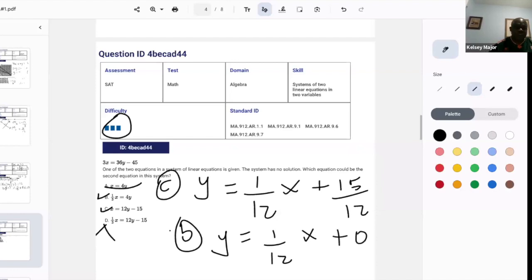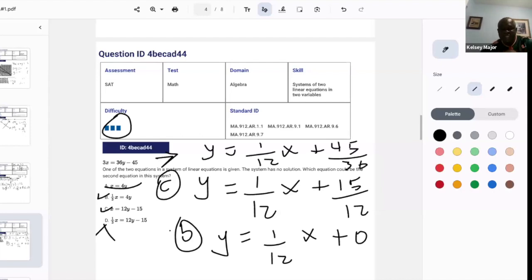So let's go back to our original equation and simplify that. Y is going to be equal to 1 over 12 x plus 45 over 36. We need to simplify 45 over 36 to really see what the y-intercept is, right?